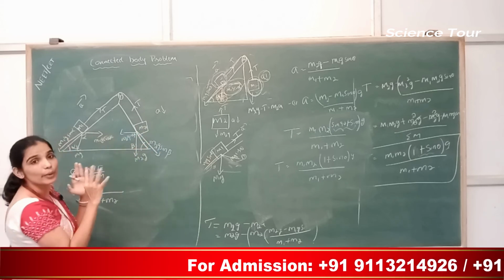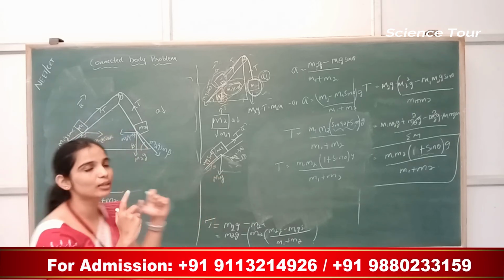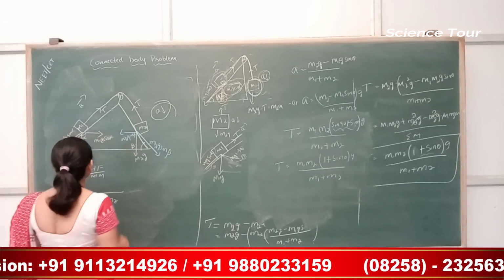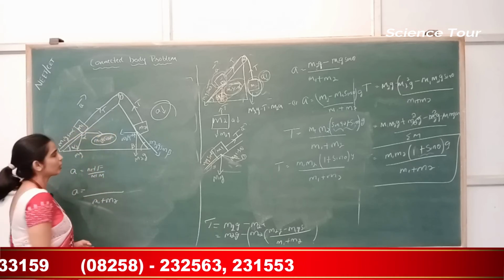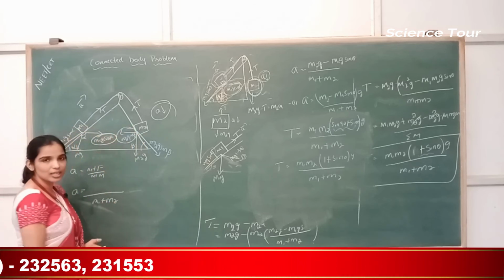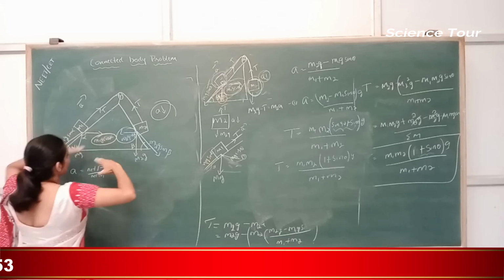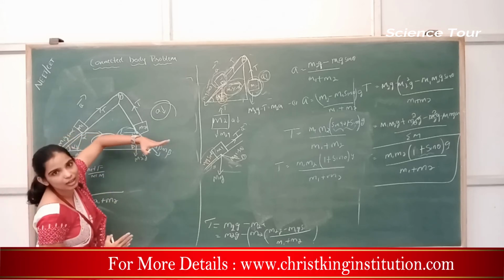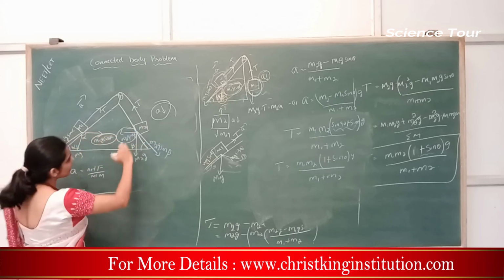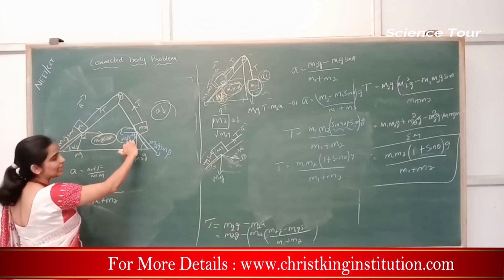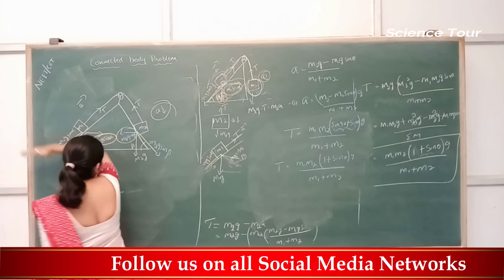Now tell me which is the net force responsible for this acceleration. Whether this component is responsible for the acceleration, whether this component is responsible for the acceleration. No, m1g cos alpha is acting horizontally towards my right and m2g cos beta is acting horizontally towards my left.